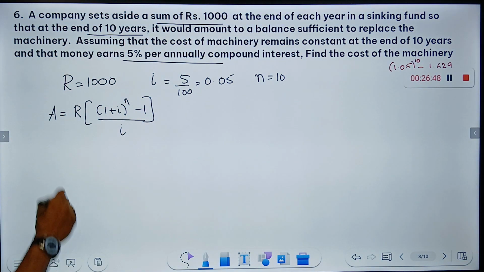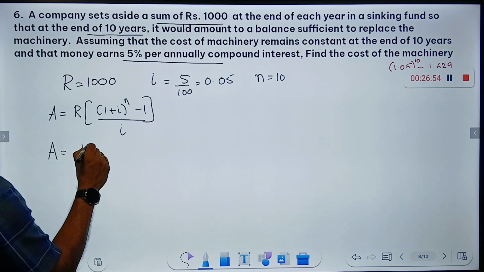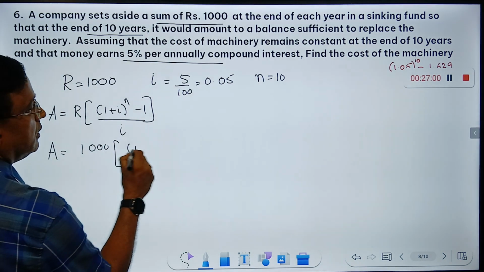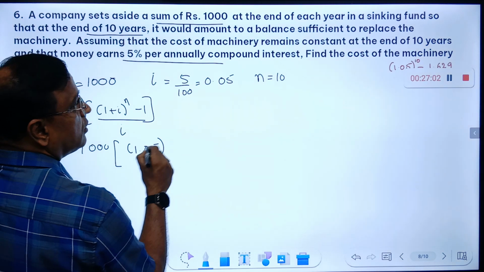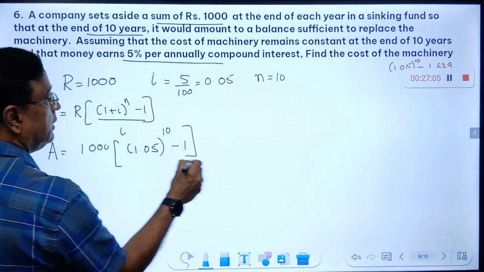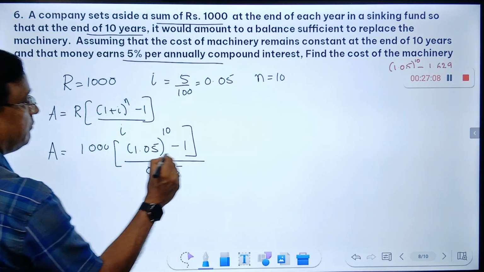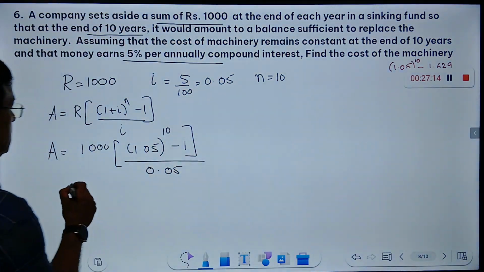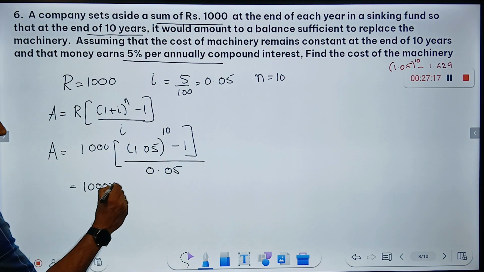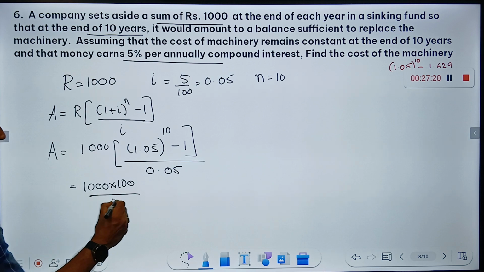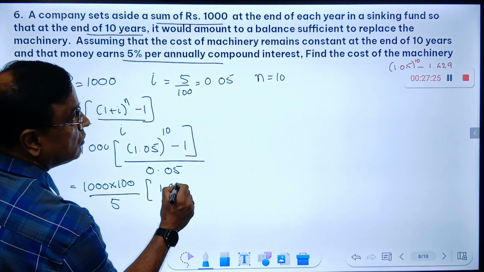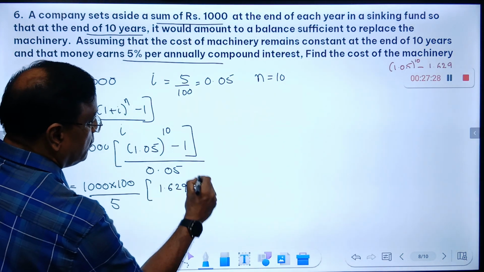Now what is the amount? Amount equals, what is R? R is 1000 into (1.05 to the power of 10 minus 1) divided by 0.05. Correct? You can do the calculations here. This is multiplied by 100 and divided by 100, so it becomes 5. 1.05 power 10 is 1.629, minus 1.